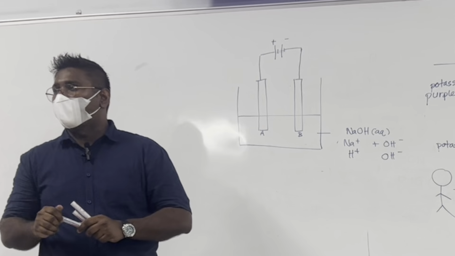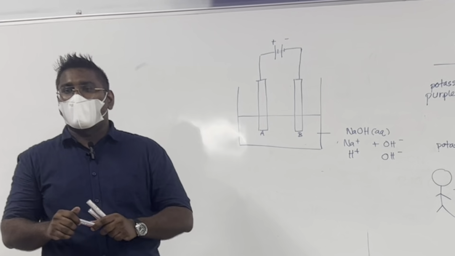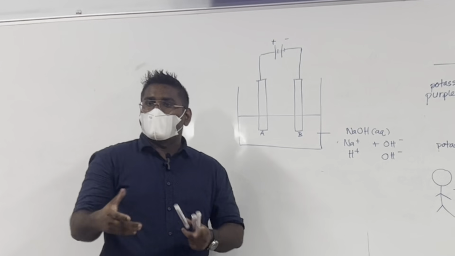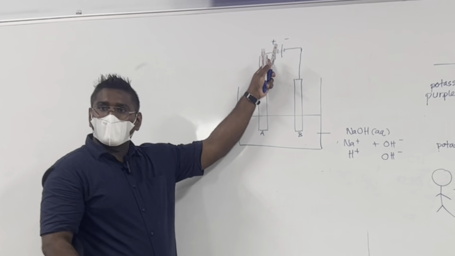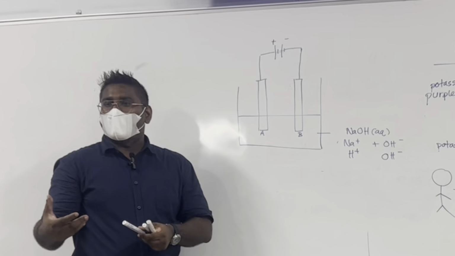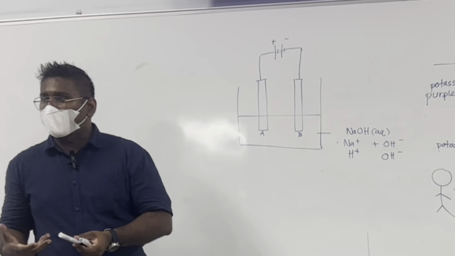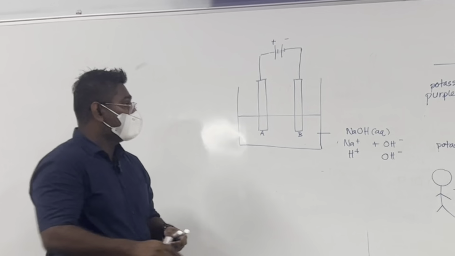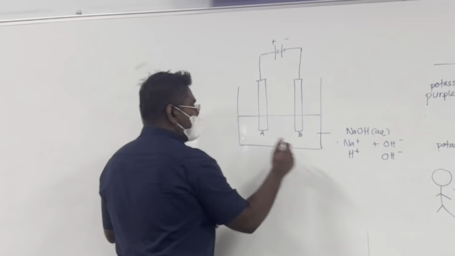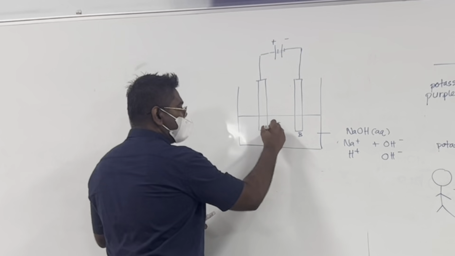Now it is important to identify which ion will be attracted to which electrode. This is positive. Positive and negative, opposites attract. Positive will attract the negative ions. In this case you have OH- only.